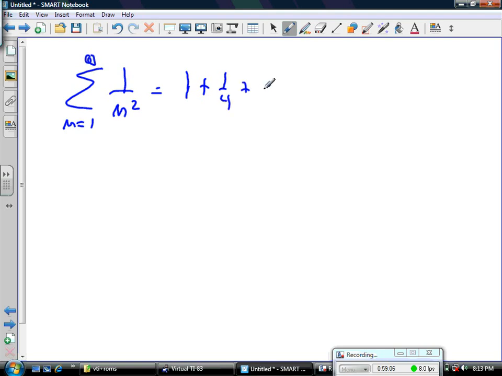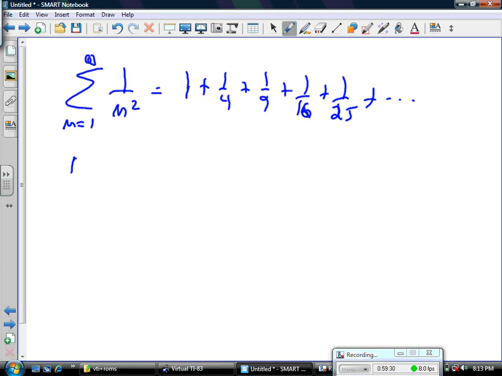Okay, get the idea? 1/16th, 1/25th, and so forth. Okay? All right. So this is a series with all positive terms. Does it meet the criteria for the integral test theorem?